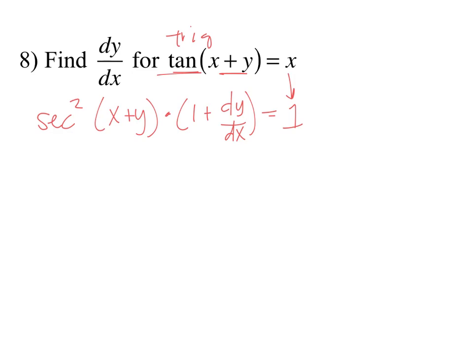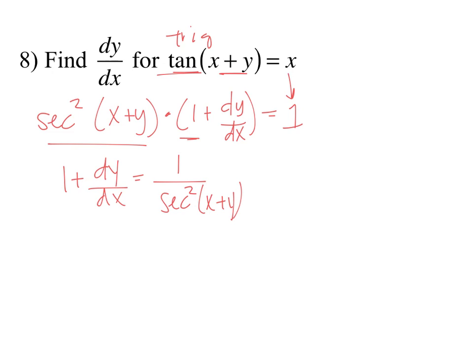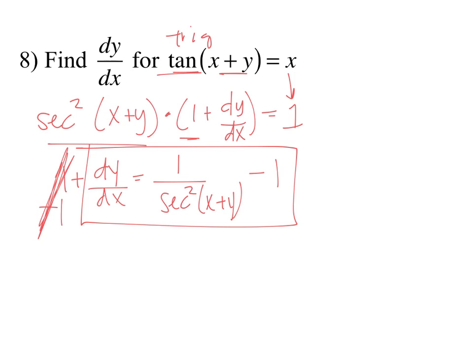We are trying to isolate dy dx, so let's divide by secant squared of x plus y, and then subtract the 1. I'll do that in 2 steps. So 1 plus dy dx is equal to 1 over secant squared of x plus y, and minus 1, minus 1. So there's dy dx, and it didn't ask us to evaluate. That's it.